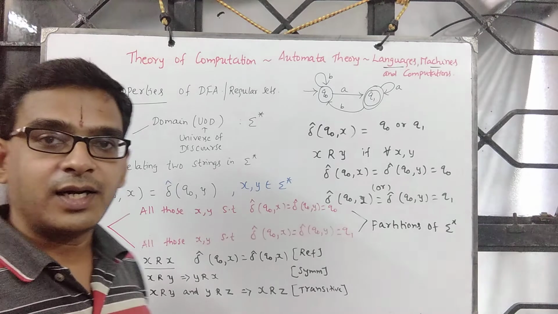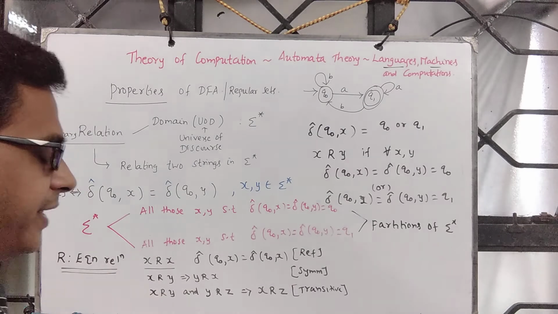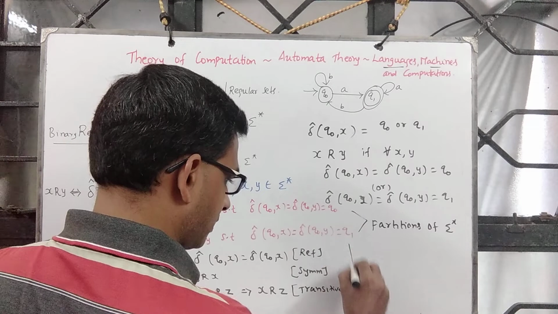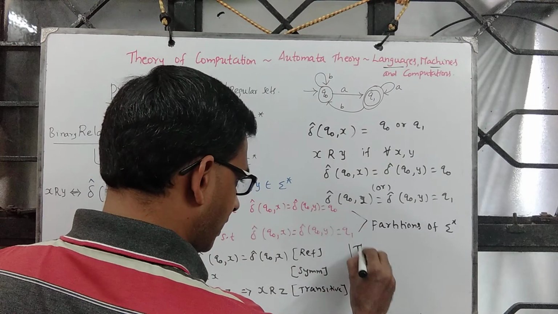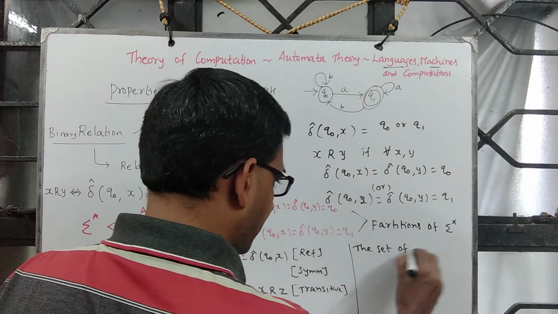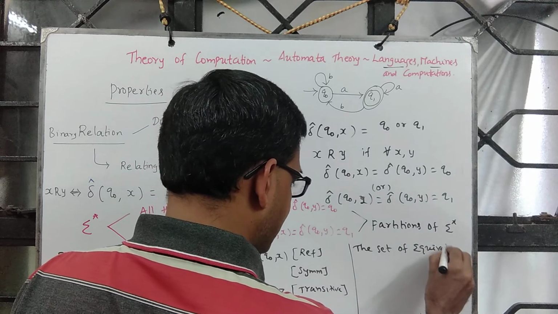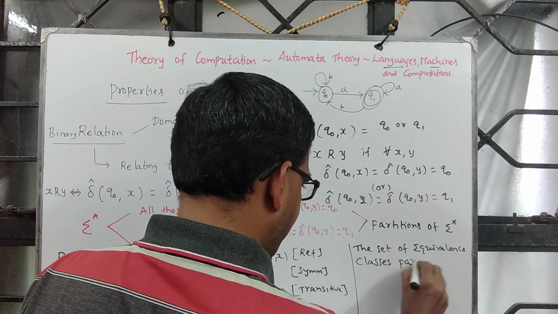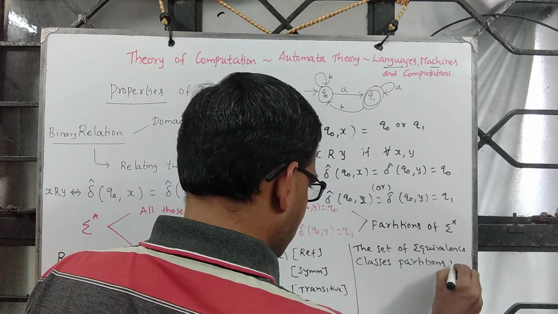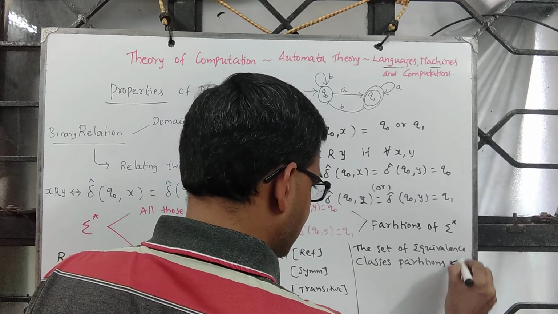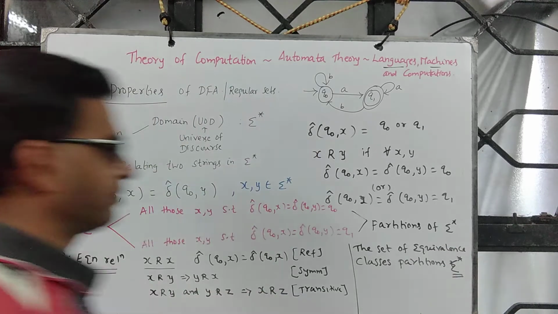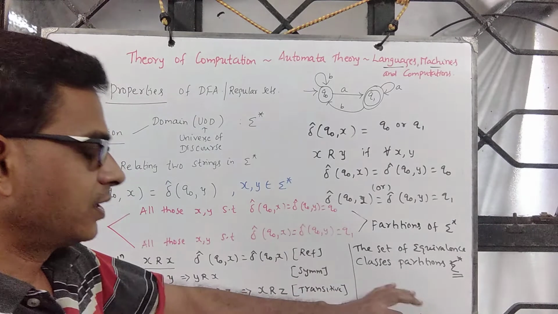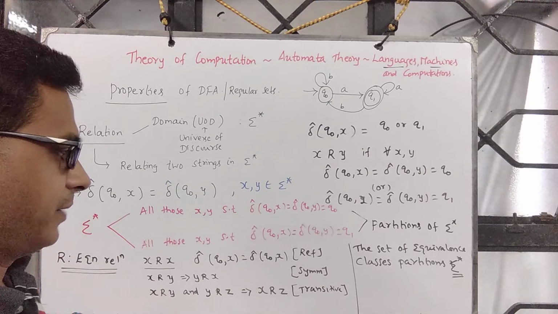And we know that for an equivalence relation, one can come up with the set of equivalence classes. We know that the set of equivalence classes partitions the underlying set, in this case sigma star. So the set of equivalence classes partitions sigma star.